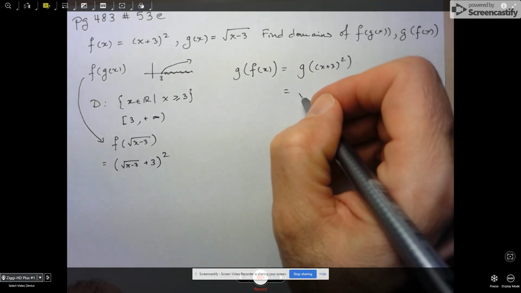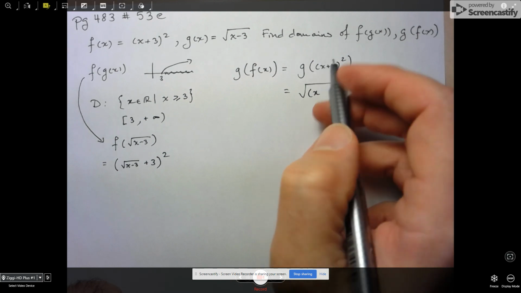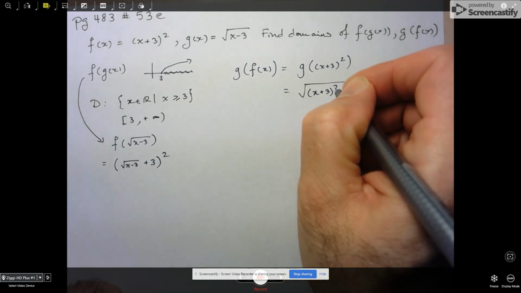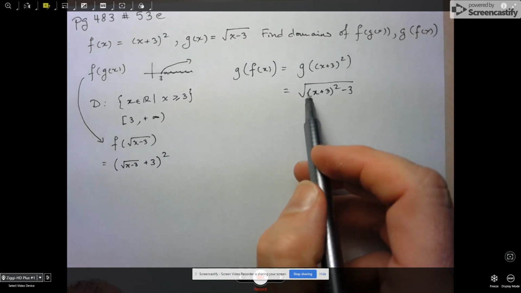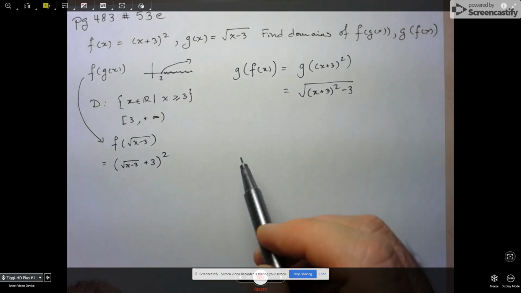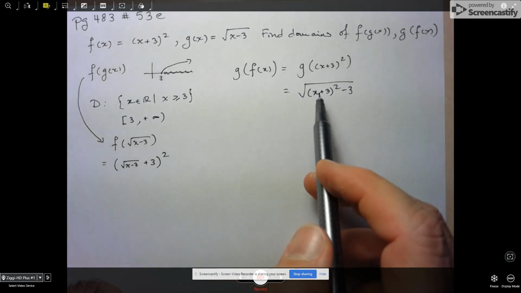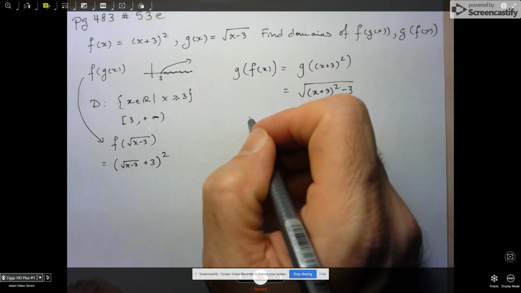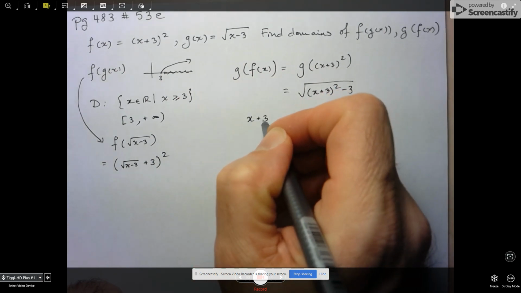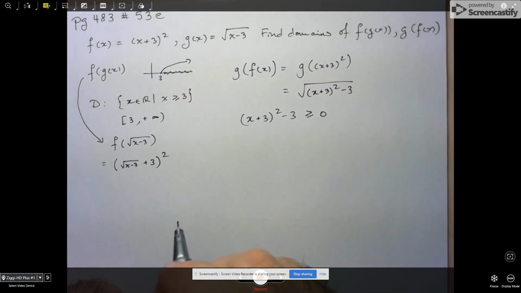So what do we have? Square root of, instead of x, we're inputting x plus 3 squared, then minus 3, and we see that this whole expression inside the square root needs to be greater than or equal to 0. So determining the domain of this function becomes a question of solving this inequality. x plus 3 squared minus 3 needs to be greater than or equal to 0.